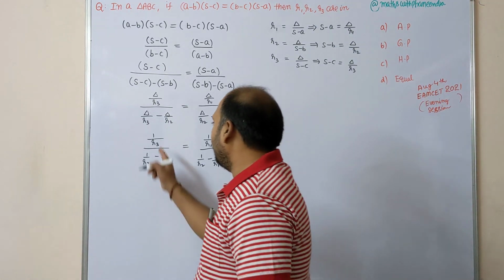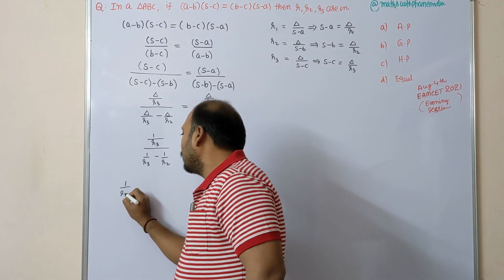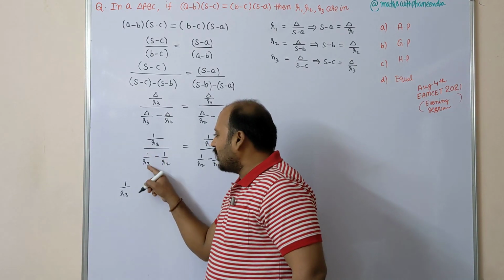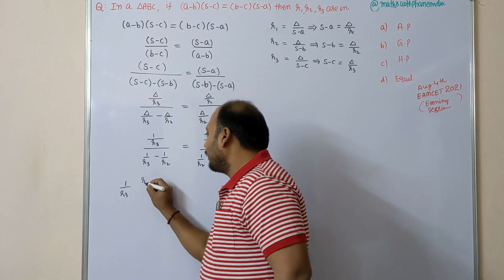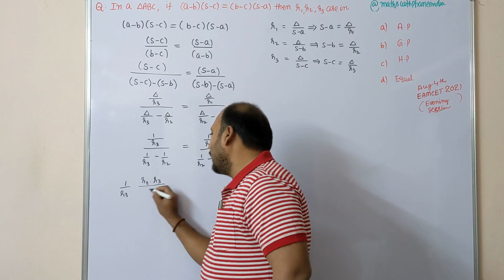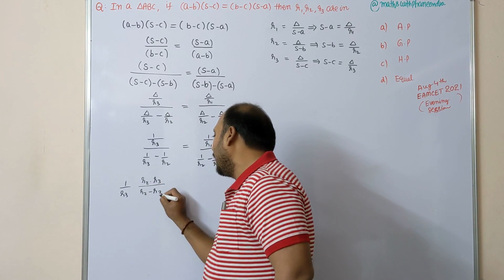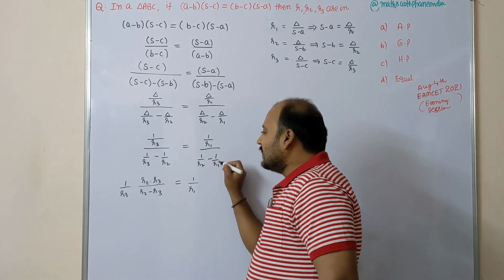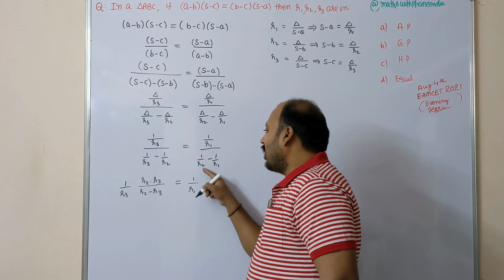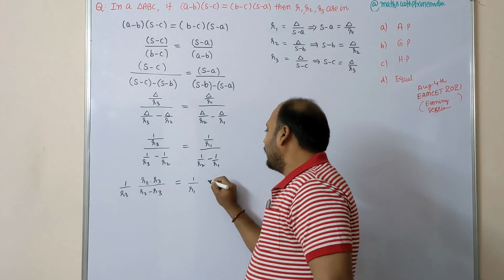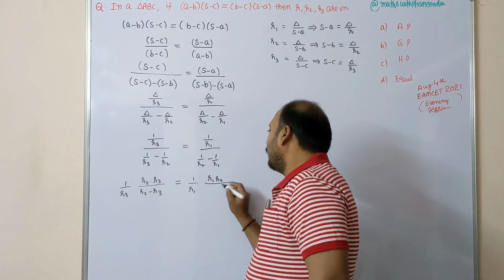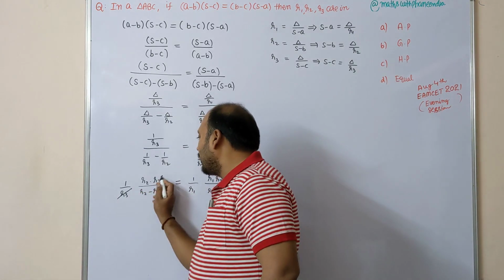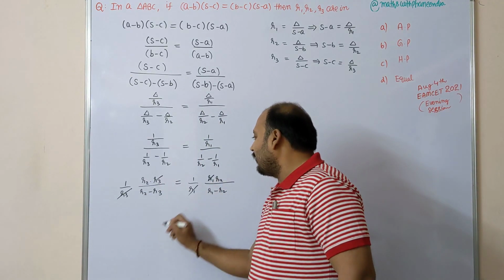After taking LCM, the denominator becomes (r2 minus r3) by r2 r3, so we get r2 r3 by (r2 minus r3) equal to r1 r2 by (r1 minus r2) on the other side. Both sides r3 and r1 get cancelled.